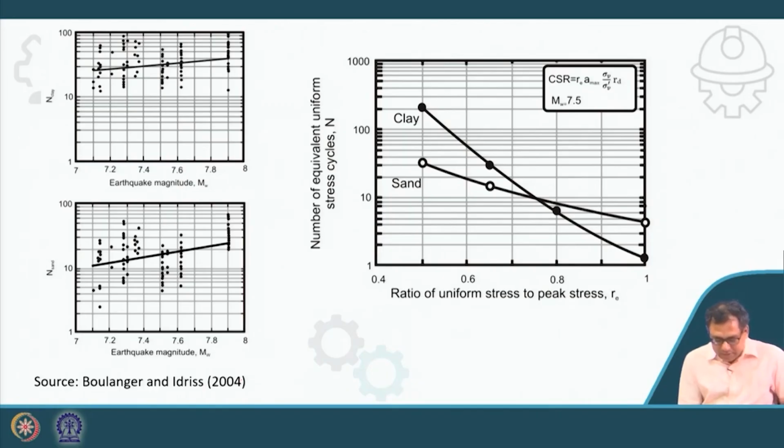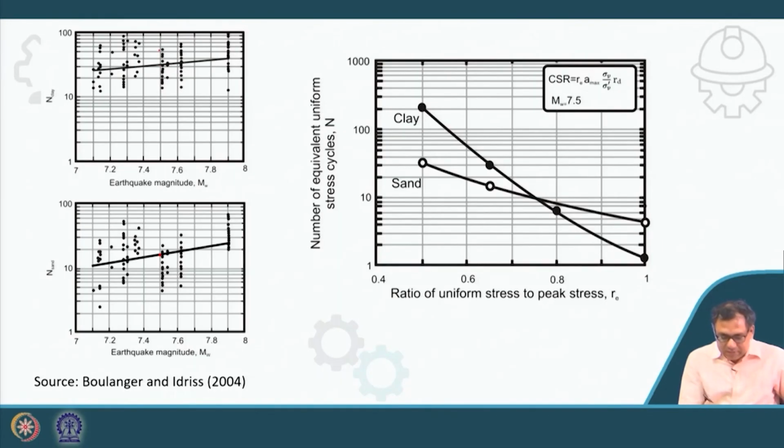For a magnitude of earthquake of 7.5, the number of stress cycles is 15 actually, because for sand-like soil it is 15, you can see, but for clay it is not 15. You can see for 7.5 clay it is around 32.